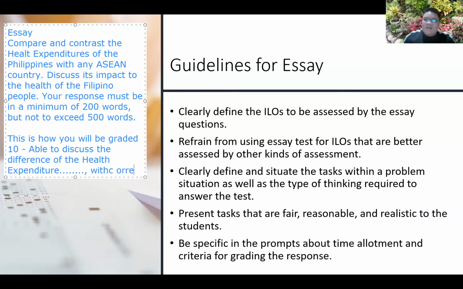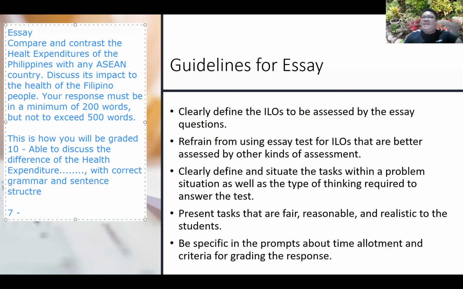Tapos with correct grammar, okay, and sentence structure. Okay, so ibig sabihin, pag 10 points siya, gusto mong i-include yung grammar dun sa criteria mo. Pagkatapos sabihin naman, 7 points. Okay? So, hindi naman kailangan plus na 10, 9, 8, 7, 6, 5. Hindi, no? Pwede siyang ranges lang.